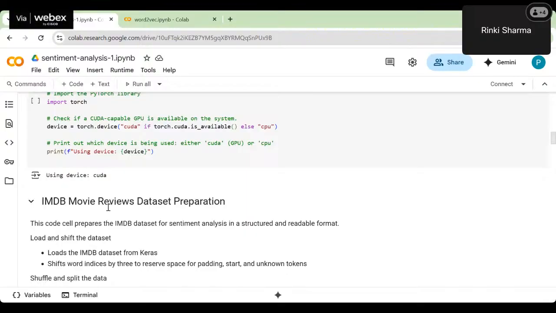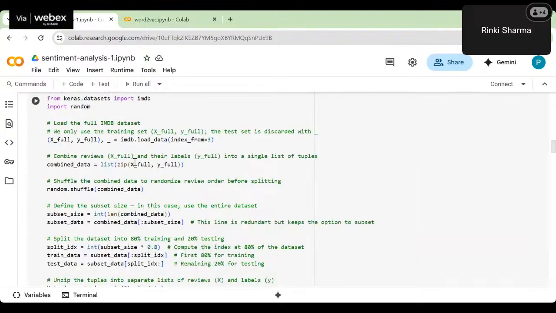Now we manually split our dataset into a training dataset and a testing dataset. We have split our dataset as 80% for training and 20% for testing. So this is how we define our train data and test data.